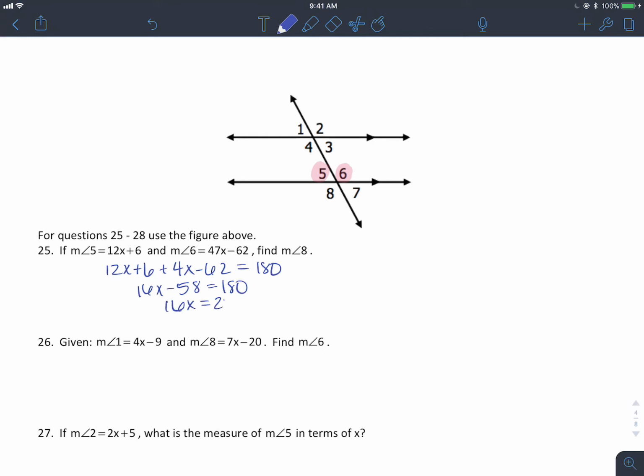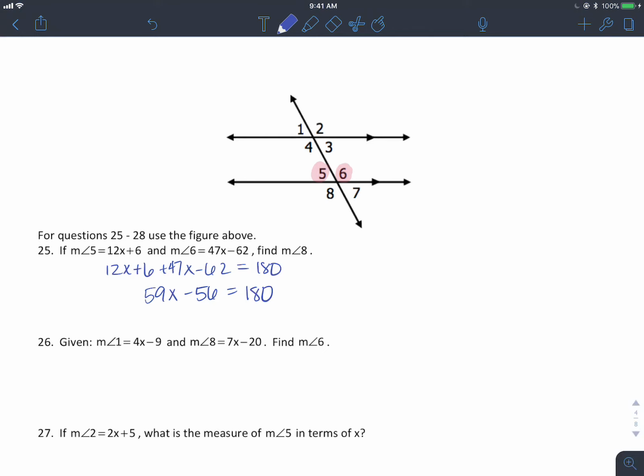Oh, I'm so sorry. I miswrote that. So 12x plus 6 plus 47x minus 62 gives us 59x minus 56.